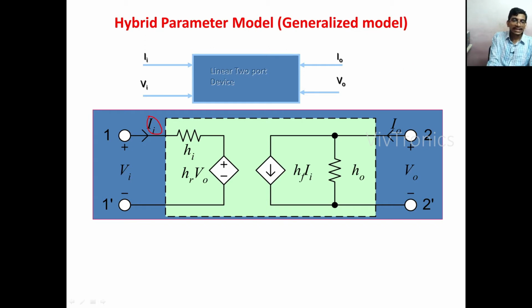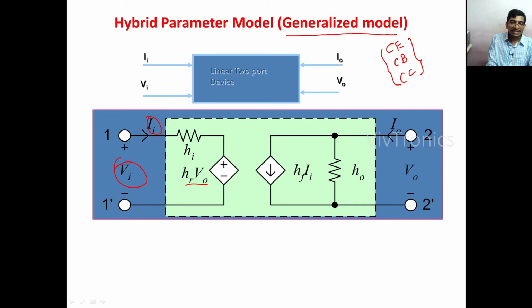The input current is Ii, the input voltage is Vi, because we are assuming a generalized H parameter model. These H parameter models are different for the CE, CB and CC configurations. We are going to give a generalized equation, therefore we are not assuming it as a CE, CB or CC configuration.